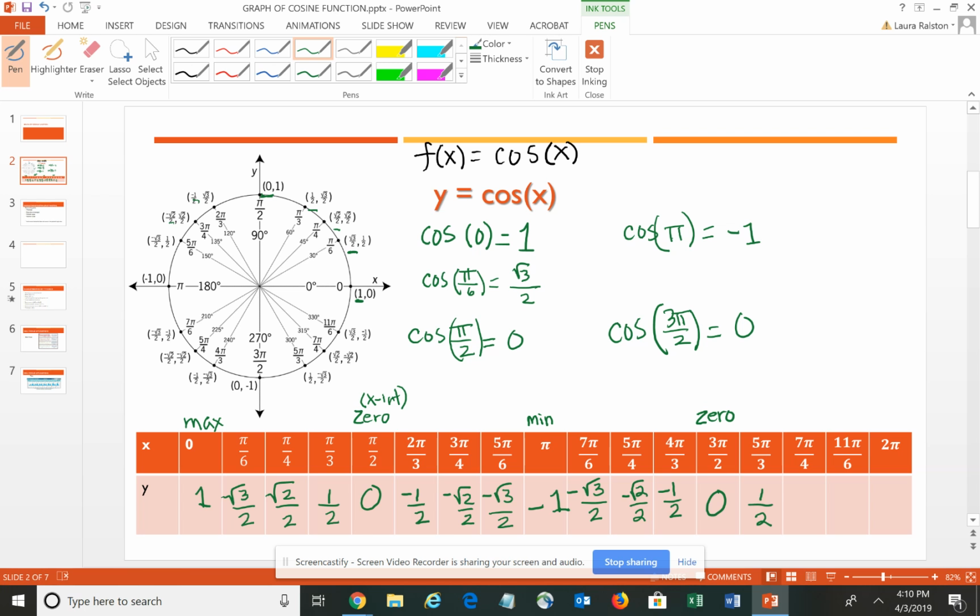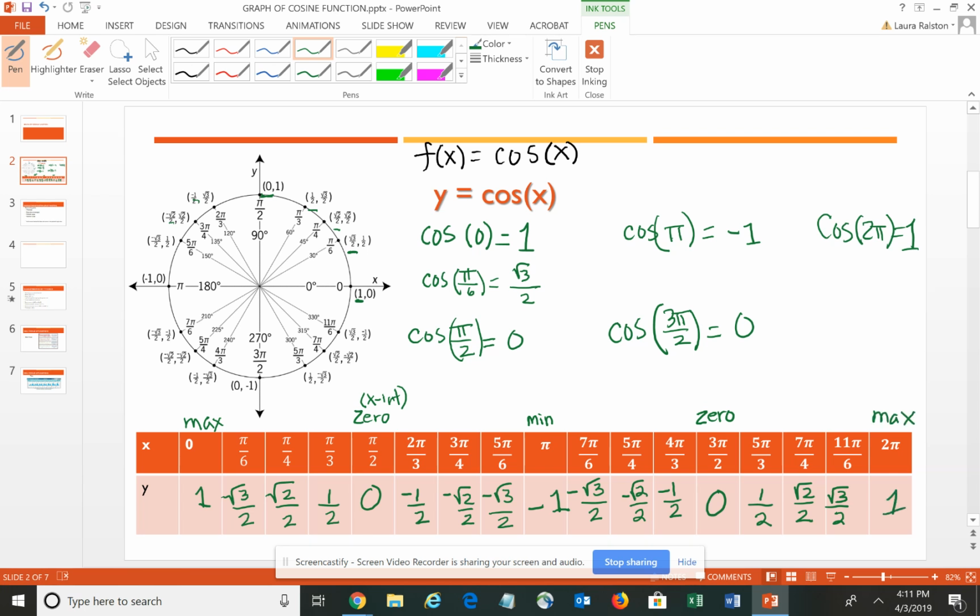Cosine of 7 pi fourths is square root 2 over 2. Cosine of 11 pi sixths is square root 3 over 2. And then we're back around to the full revolution, and the cosine of 2 pi is 1, which again is our maximum point.